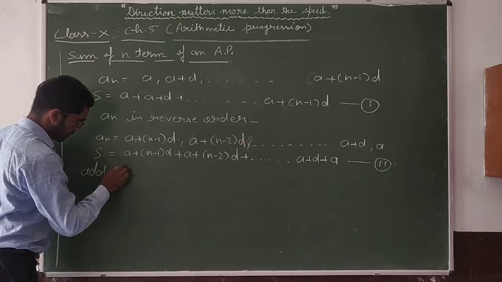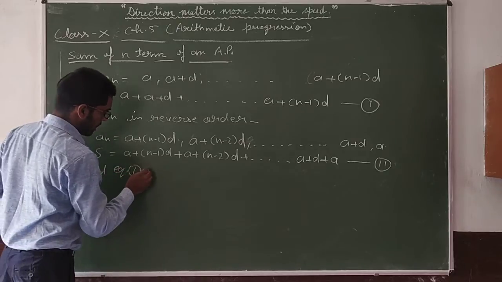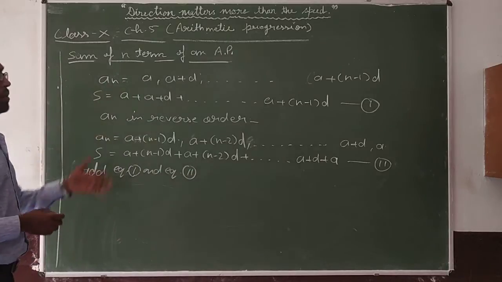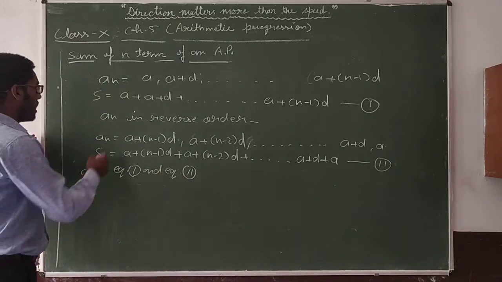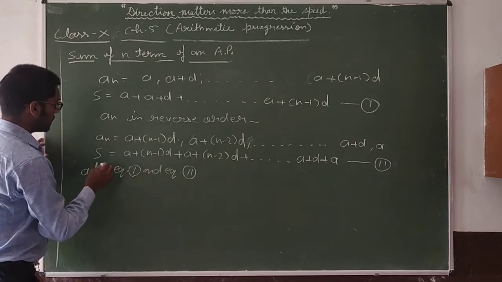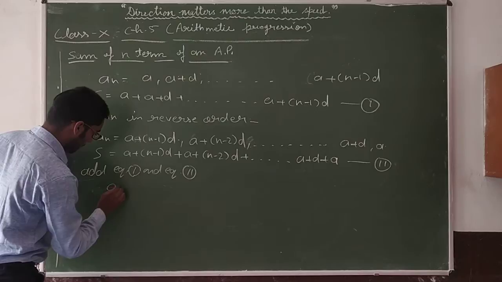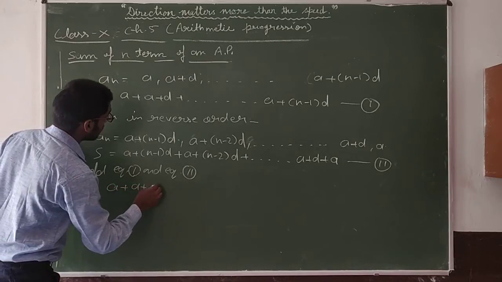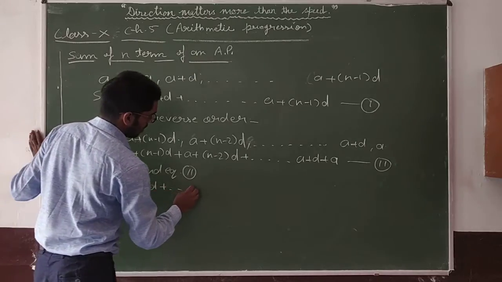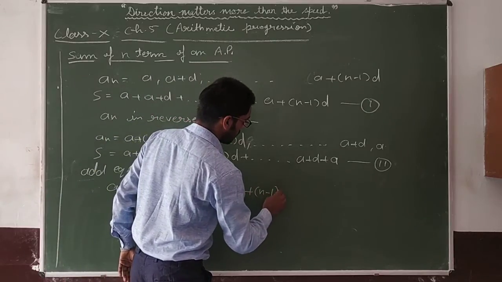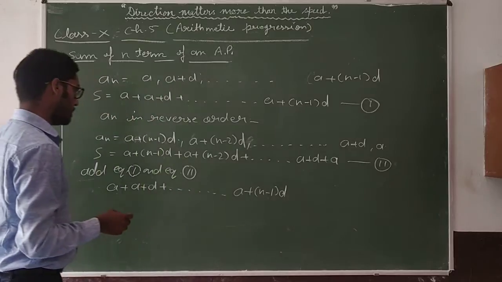Add equation first and equation second. Add both equations. First write equation one: S = a + (a + d) + ... + (a + (n - 1)d).